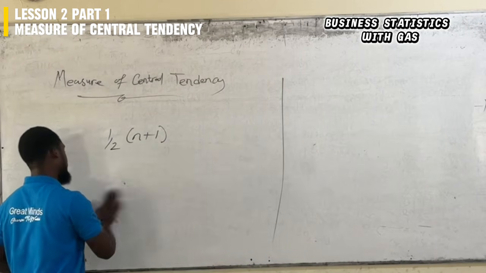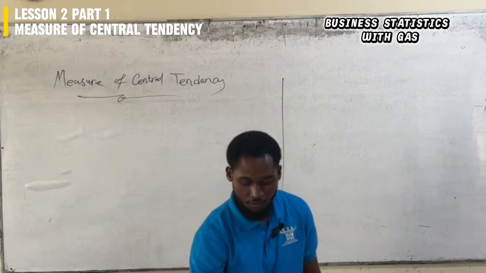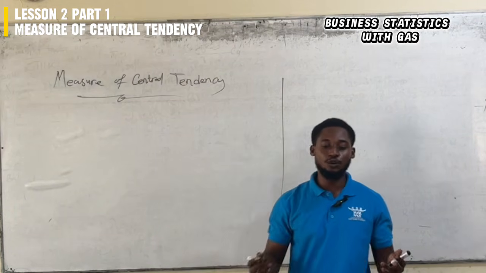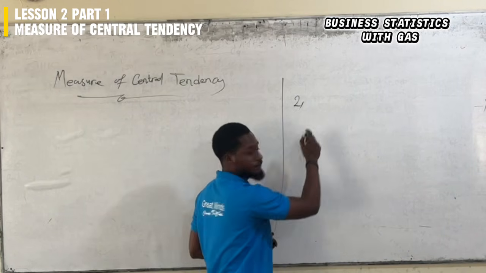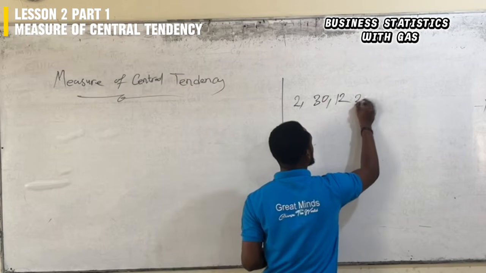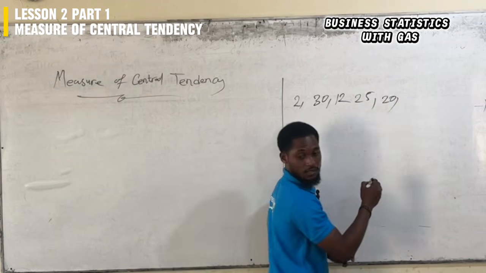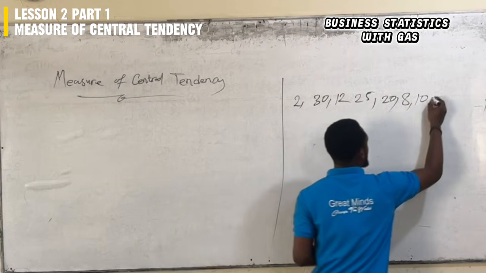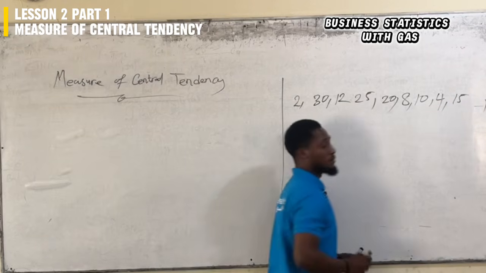So now let's solve an example. Find the median from the following data: 2, 30, 12, 25, 20, 8, 10, 4, 15.